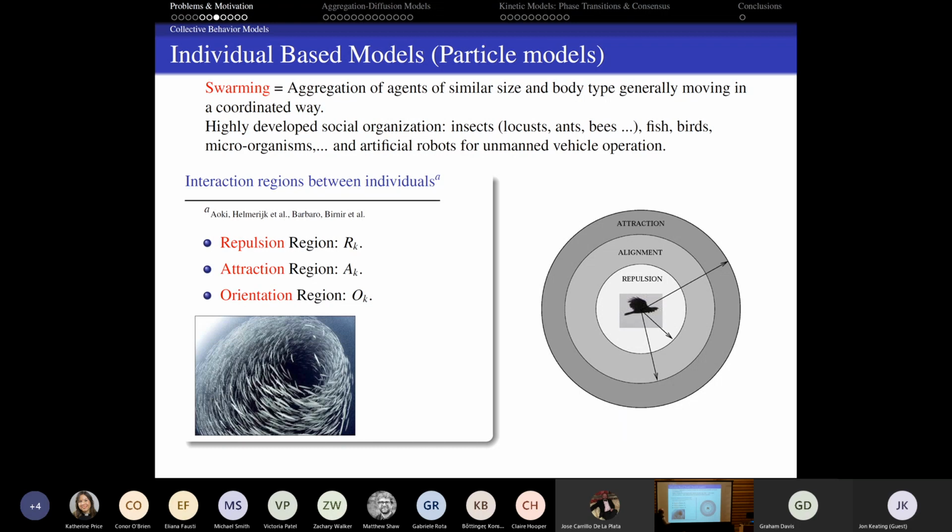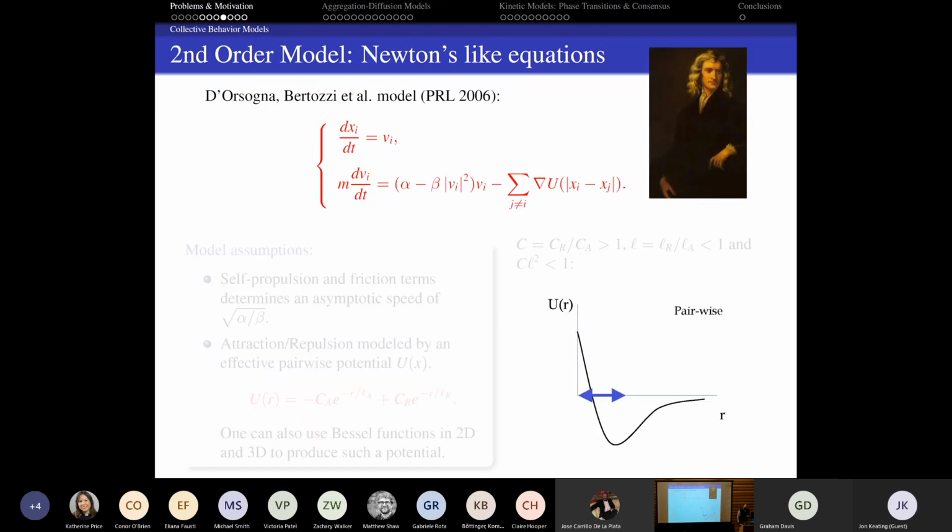Okay? But the people are social. They want to be together. So there is an attraction. And also, you can assume that there is a tendency to follow or to mimic the behavior of others in the group. So some kind of alignment, whatever it means here, this alignment. So can we explain this collective behavior with these very simple rules?